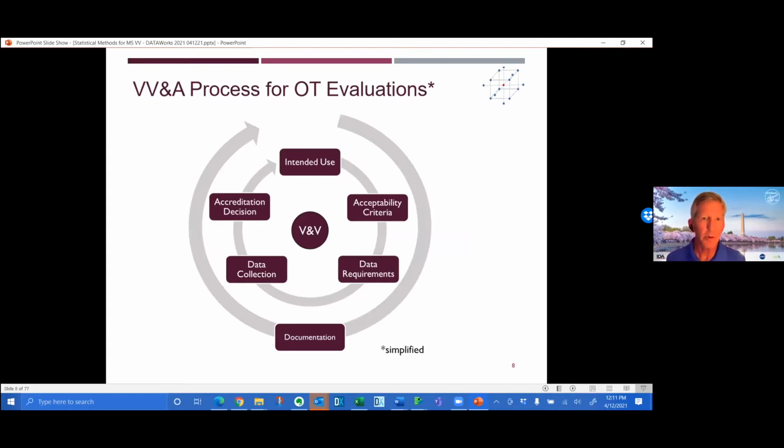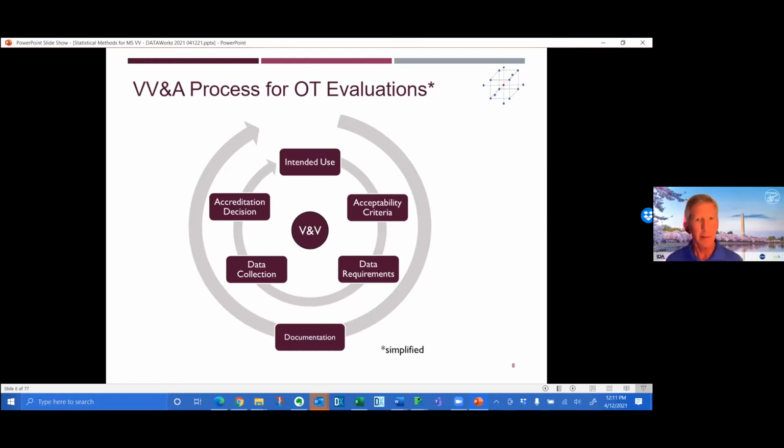Last sort of introductory slide before we dive into the analysis, statistical methods, and the design sort of components is to be thinking about a couple of things that I just mentioned, where V&V is there at the core, and what are the things that are involved.